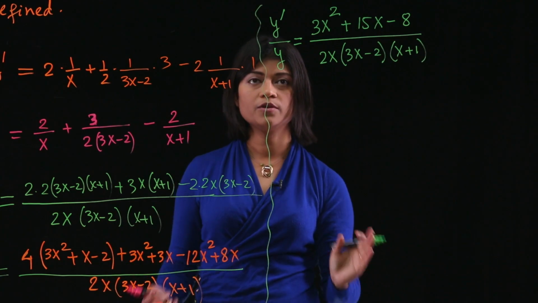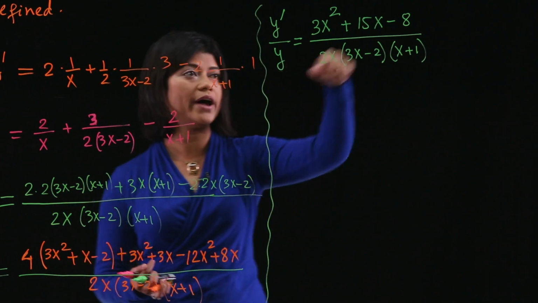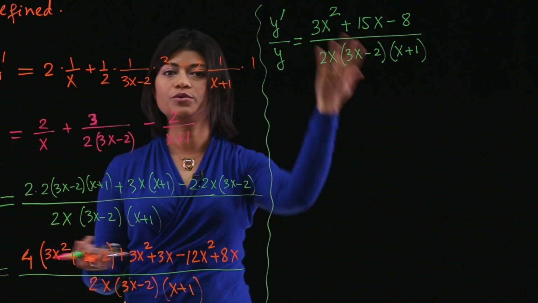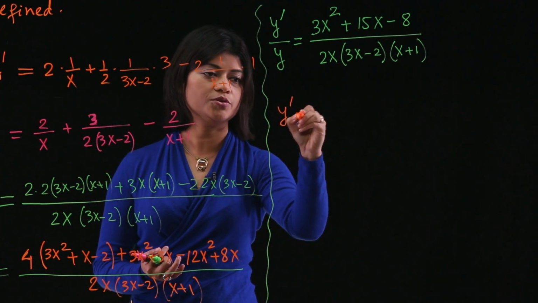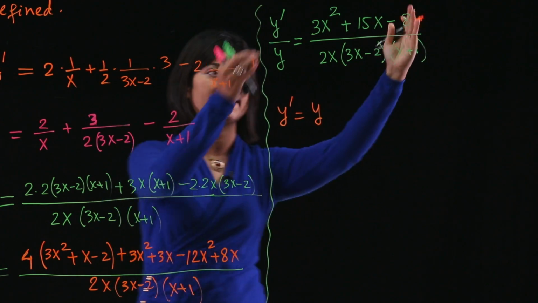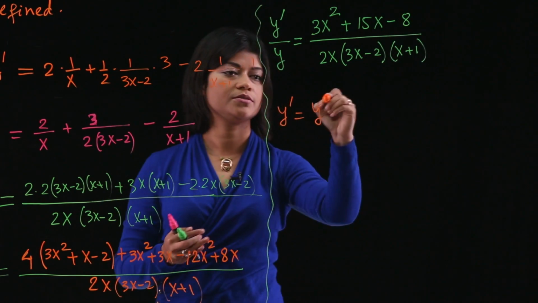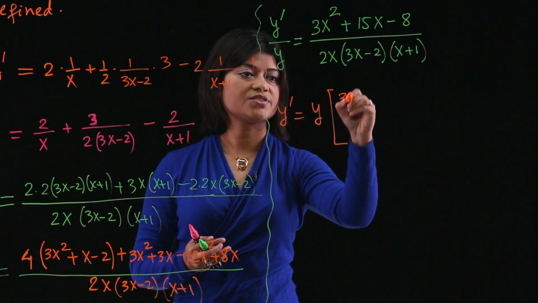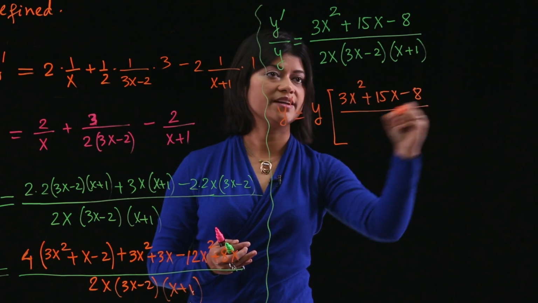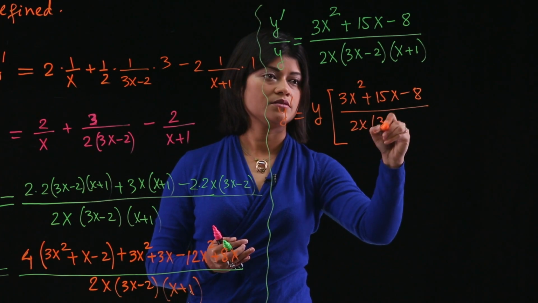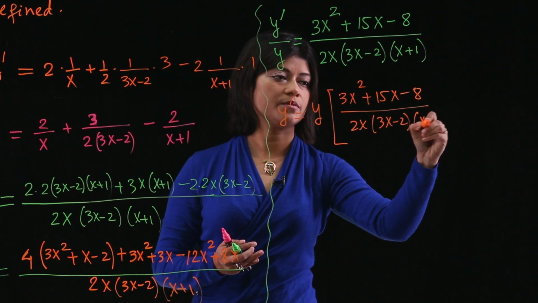To finish the problem, all we have to do is take this y to the right hand side and we will have dy/dx. So y prime is equal to y times this entire right hand expression: 3x squared plus 15x minus 8 divided by 2x, 3x minus 2, x plus 1.